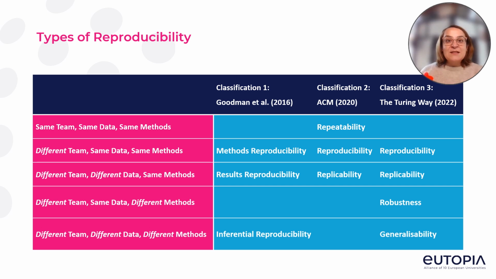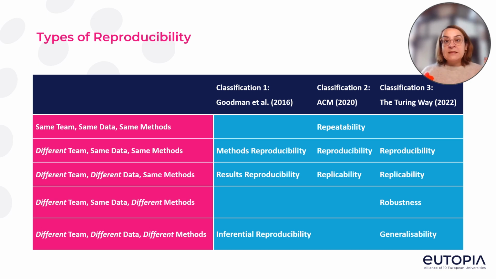The second classification you see on screen is from the Association for Computing Machinery, which has introduced another widely used distinction between the so-called repeatability, replicability, and reproducibility, and defined these three terms as obtaining the same results in the following scenarios.